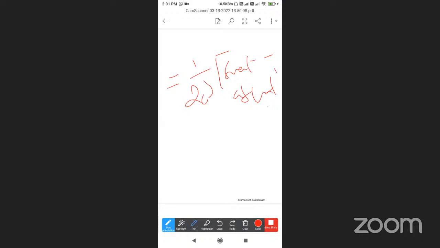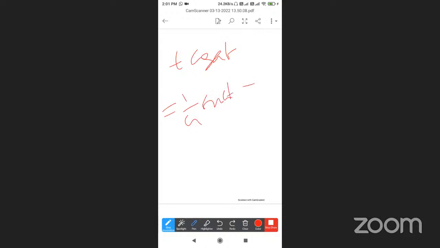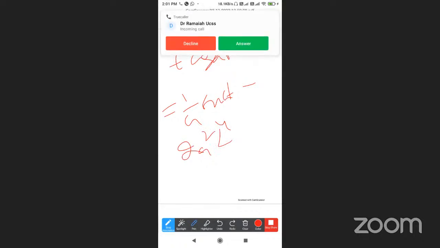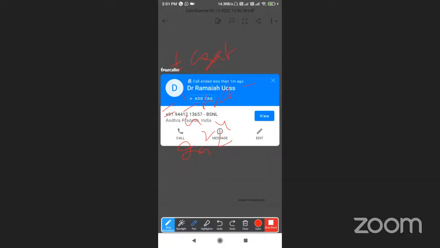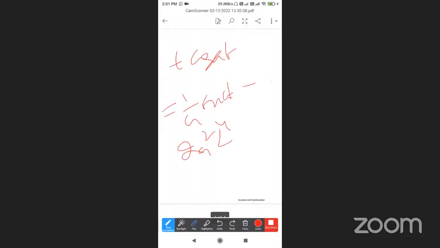This is the inverse Laplace transform of only this part, t cos at, which is equal to 1 by a sin at minus 2a square into the inverse Laplace transform of 1 by (s square plus a square) whole square.